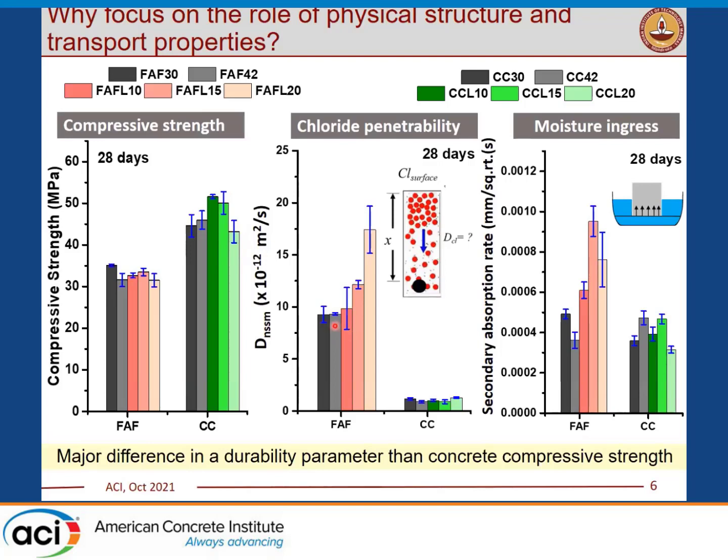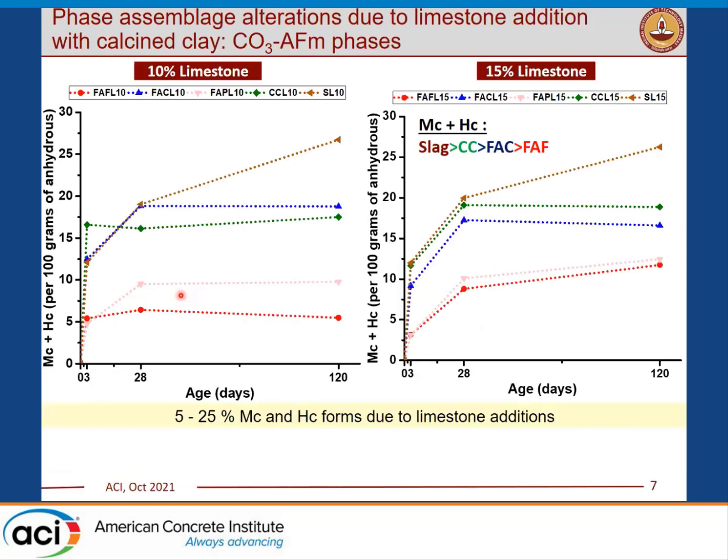So as you can see, these are chloride penetrability and moisture ingress. The impact of dilution from limestone addition is visible directly with fly ashes, whereas with calcined clay, you have significantly lower chloride penetrability and quite consistent moisture ingress. So there is a major difference in these parameters which needs to be explained in terms of microstructure development and pore structures, other than on the compressive strength as such.